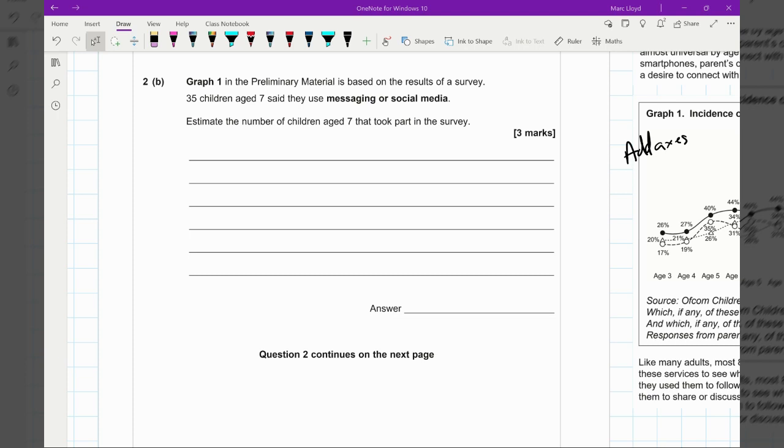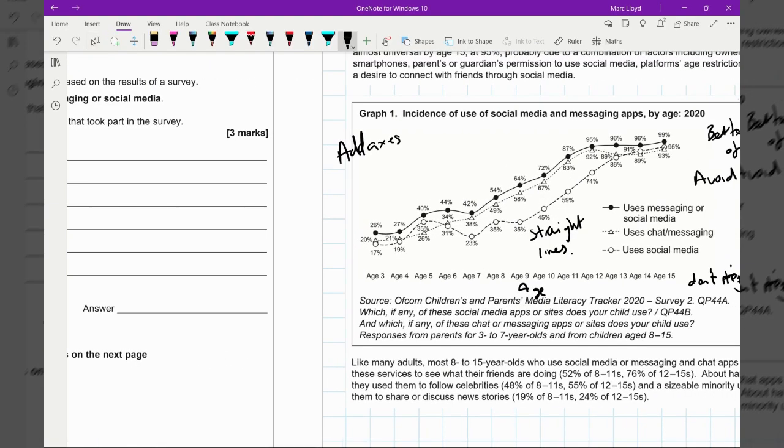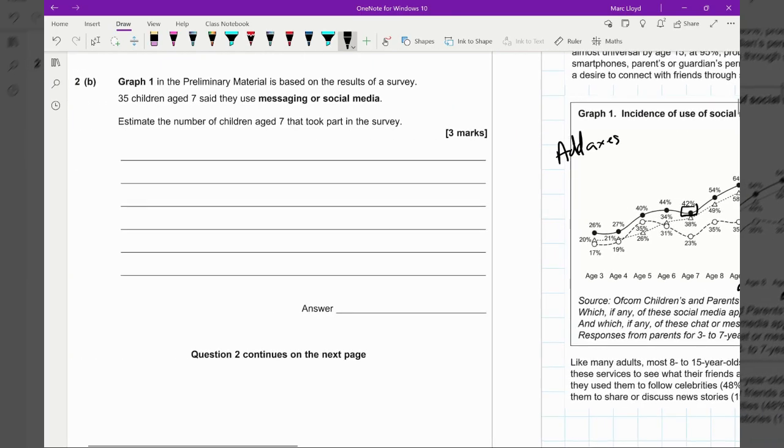Hi, okay, so not too much reading needing to be done. So of these 35 children, if we look at the graph, we've got age 7. The circle coloured in represents users messaging or social media, and therefore that's a 42% value. So 35 children is equal to 42%.